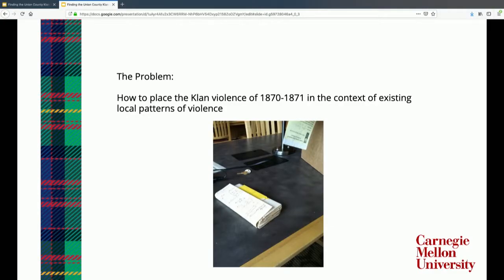Basically, what I started with was 3,200 documents like the one you're looking at there. That's a case file, and that's actually a picture from inside the South Carolina Department of Archives and History, where I'm working through them. Each of those case files includes a lot of information, but most importantly for me, each case file is an accusation, right?